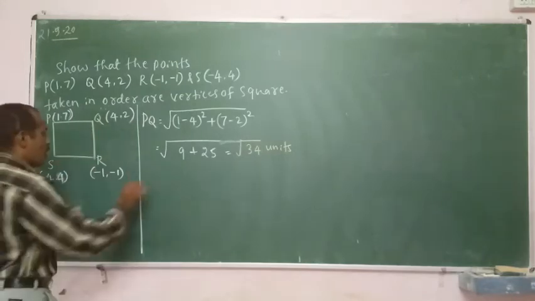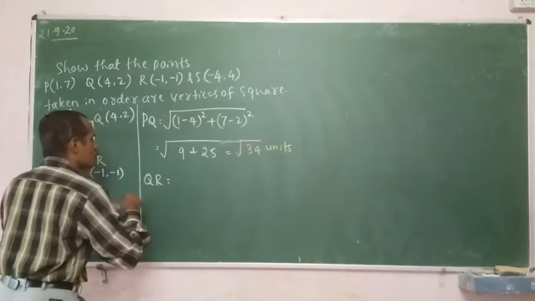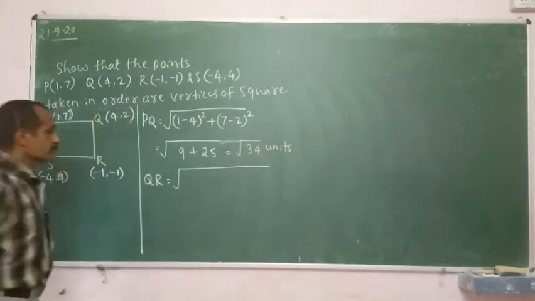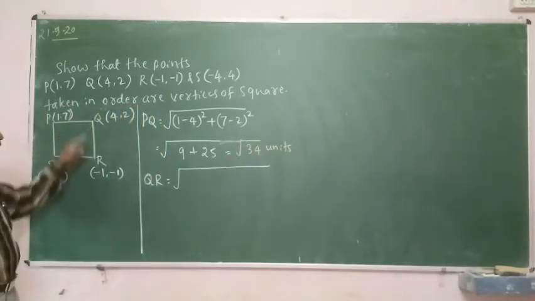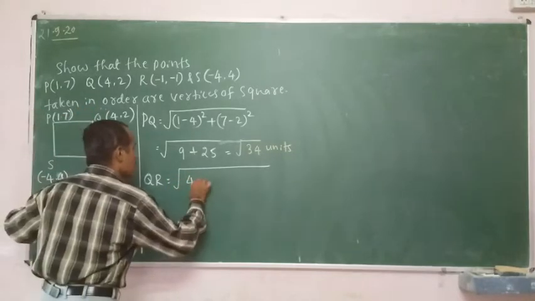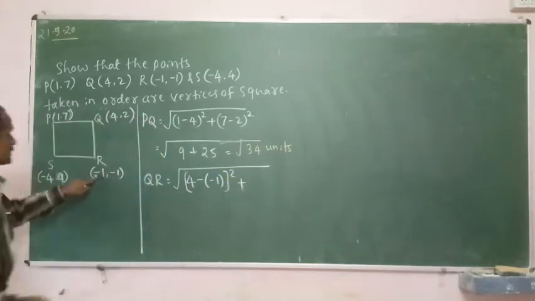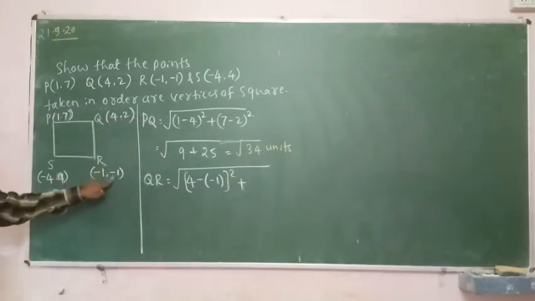Let me go for QR. QR is equal to under root of (4 minus of minus 1) the whole square plus (2 minus of minus 1) the whole square.